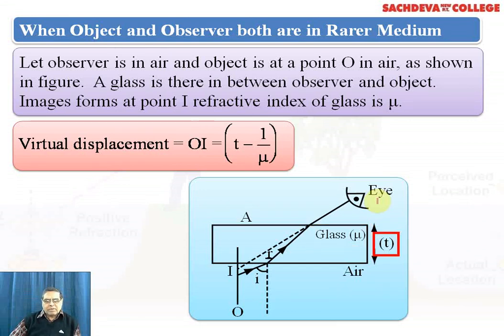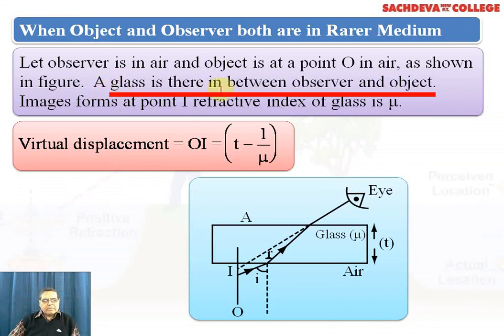The thickness of the slab is T. Now the observer is in air and the object is at point O in air as shown in the figure.